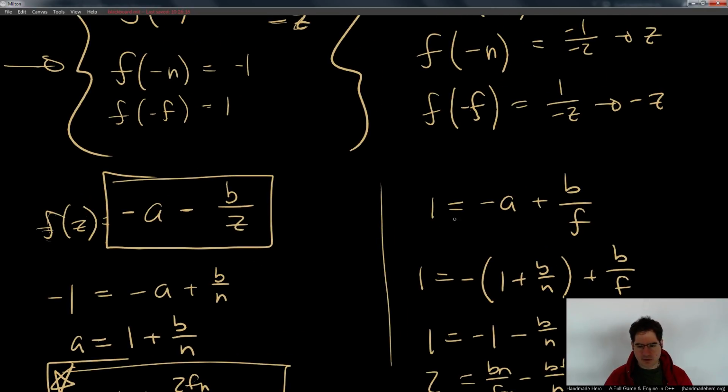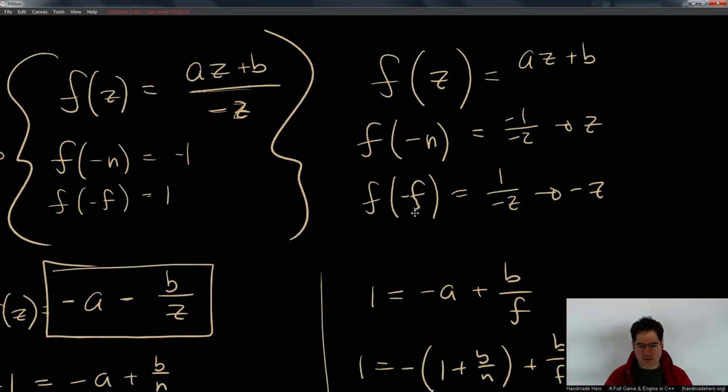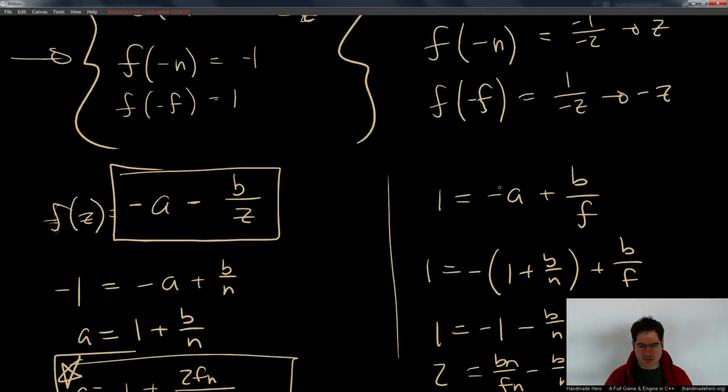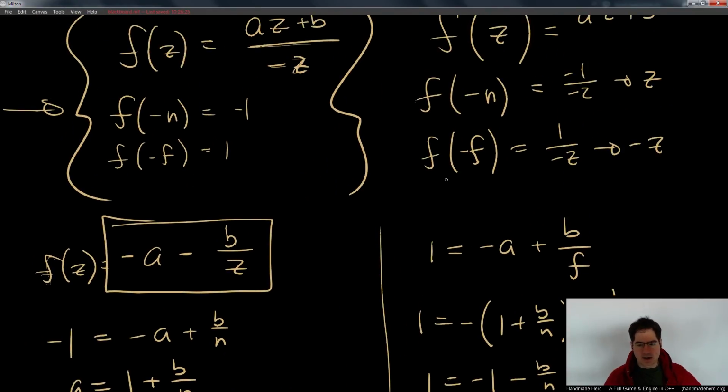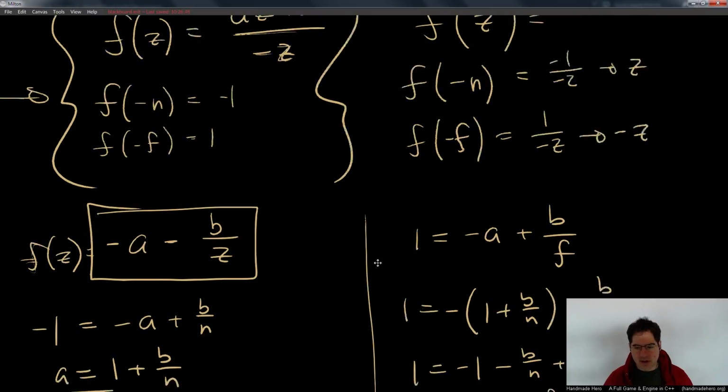So then we come over here and we get the same kind of thing, but using this equation for f of -f. We have a 1, that's what it equals. We have the -a, because that term is untouched from here. And then we have a positive b over f, because the negative b over z, when we plug in -f, the negatives cancel, and we just get b over f.